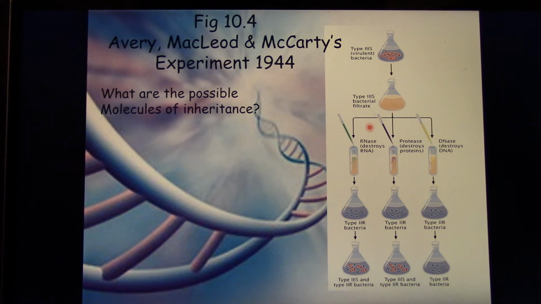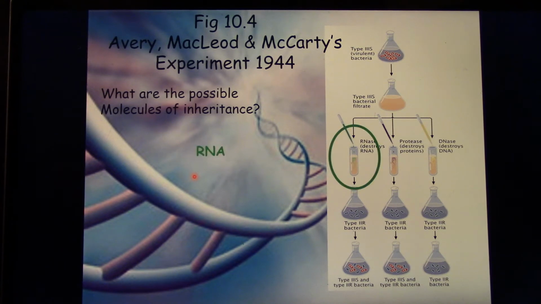And they're like, okay, well, we know there are three molecules. There's RNA, there's protein, and there's DNA. So one of those is likely to be responsible for transforming or changing the bacteria, for passing on traits, inheritance.